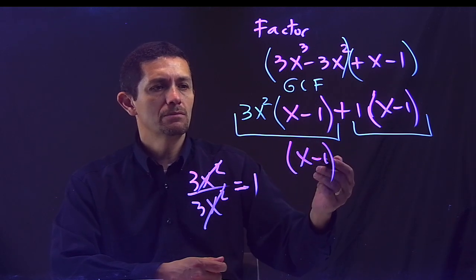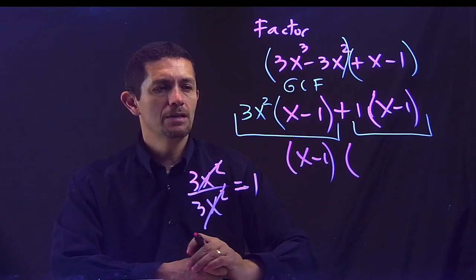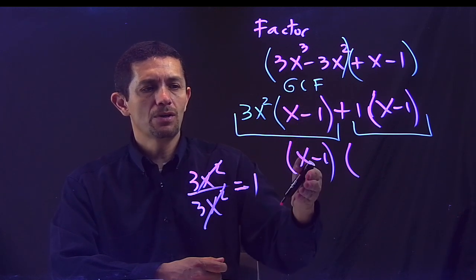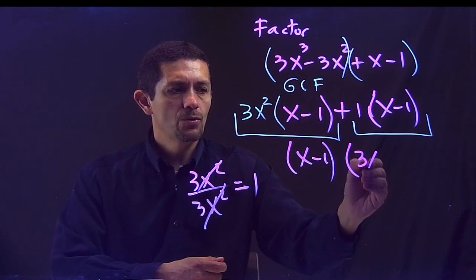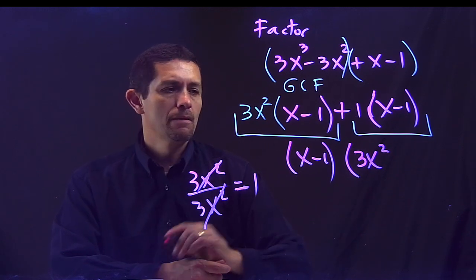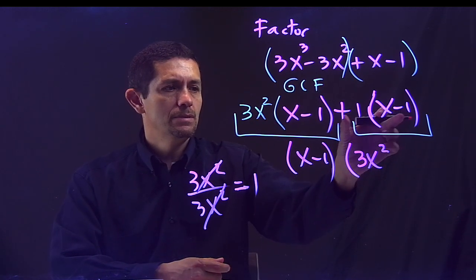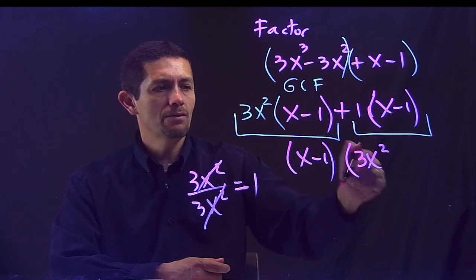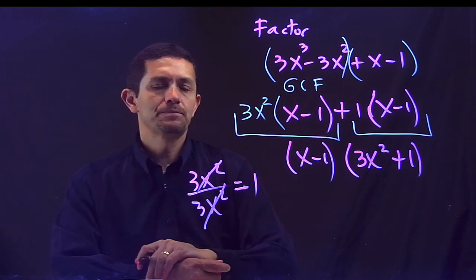Now I open a parenthesis, like I did before, and divide the first term by that. The parentheses cancel out and I have 3x squared. The second term divided by x minus 1: the parentheses cancel out and I'm left with plus 1.